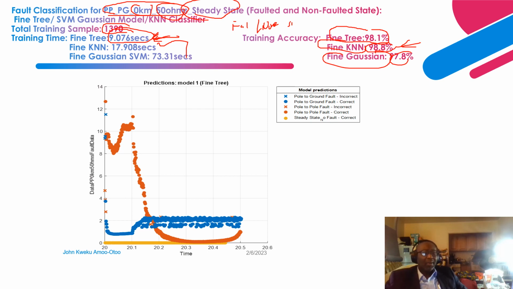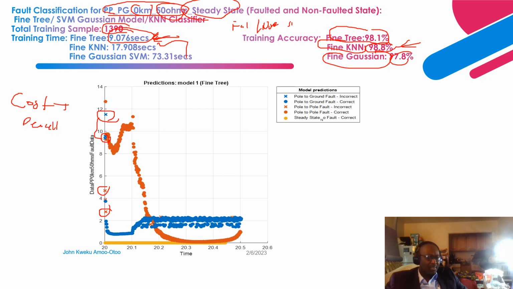Now let's take a look at the scatter diagram. As you can see, these are all misclassified. Remember I made mention of cost, right? Cost penalty.